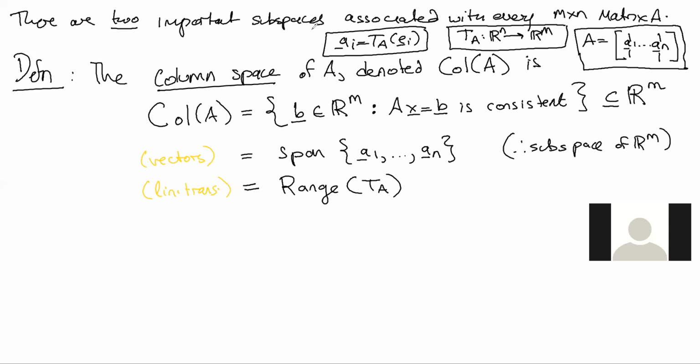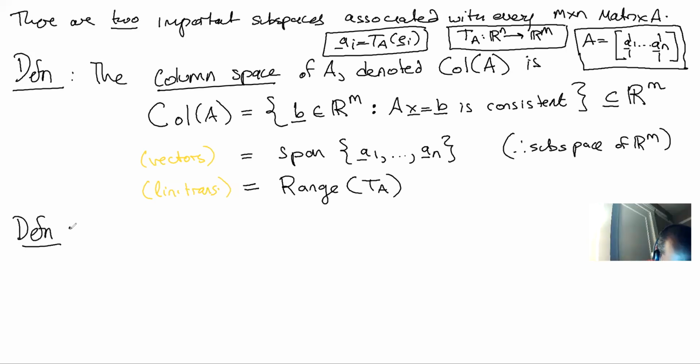That would mean that A is onto. We'll get to how to talk about onto in this context in a moment. But as stated, remember the range of TA is a subspace. It's not a transformation itself.